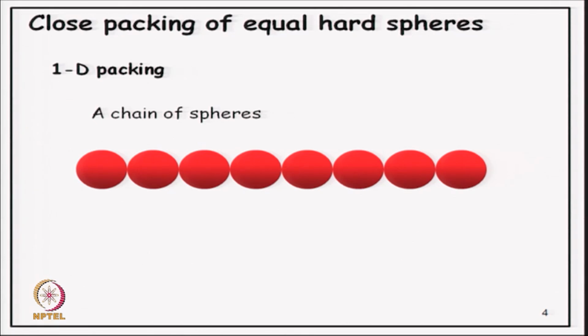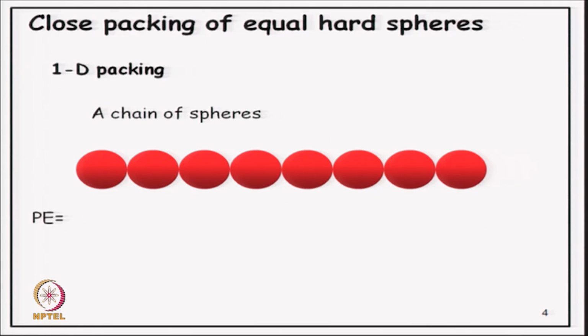Now, let us look at close packing of hard spheres, and we begin with one dimensional packing. This is a trivial case, very simple. If we want to pack spheres along a line, then each sphere will be touching two spheres on its left and right, and we have a chain of spheres.